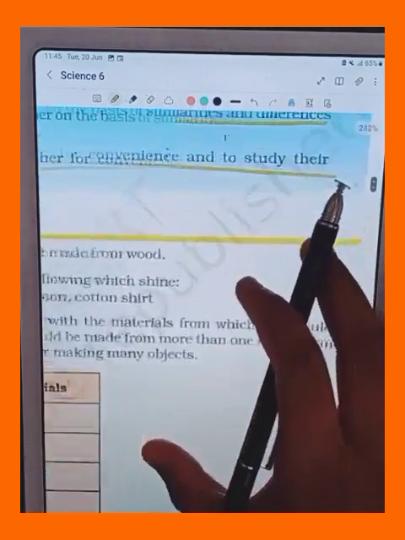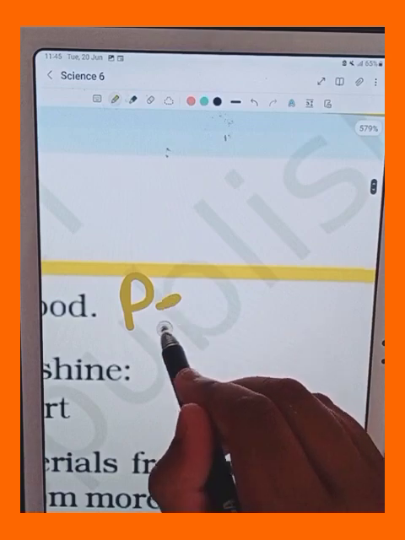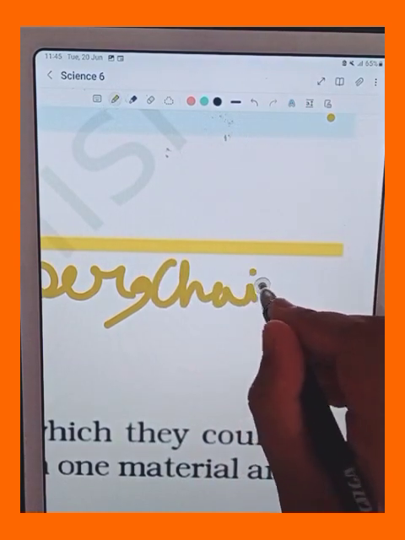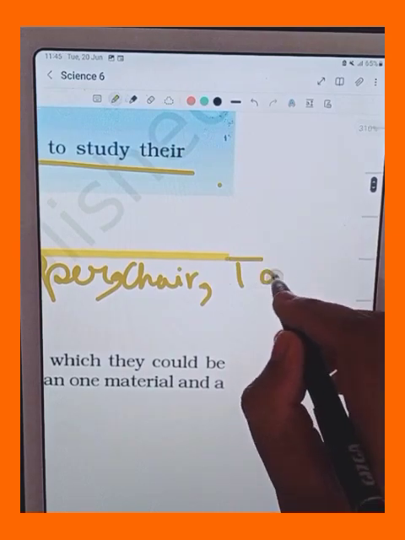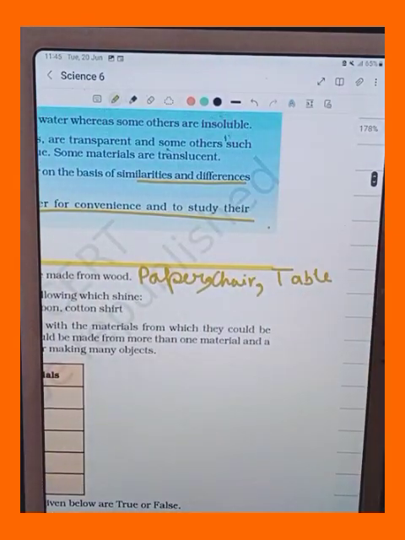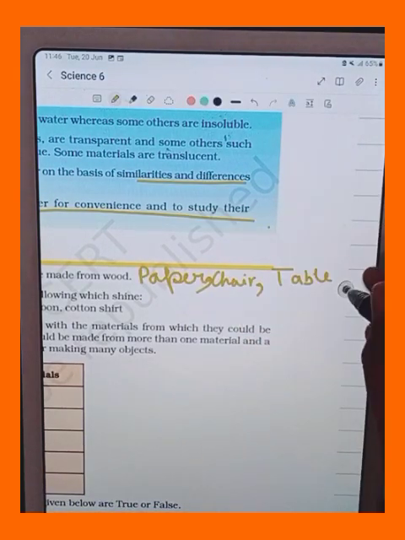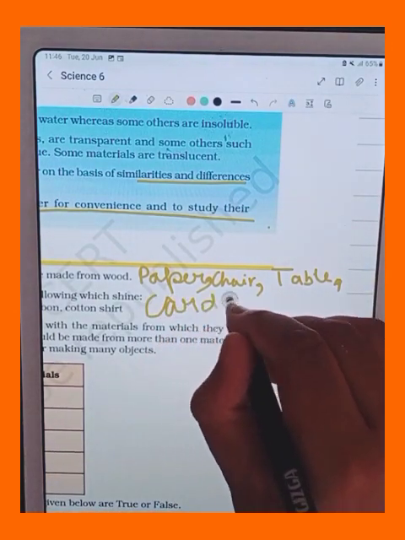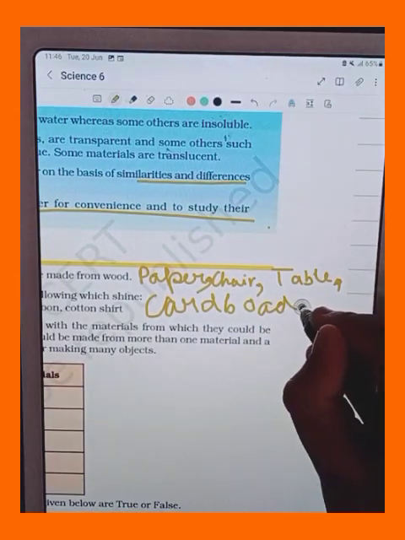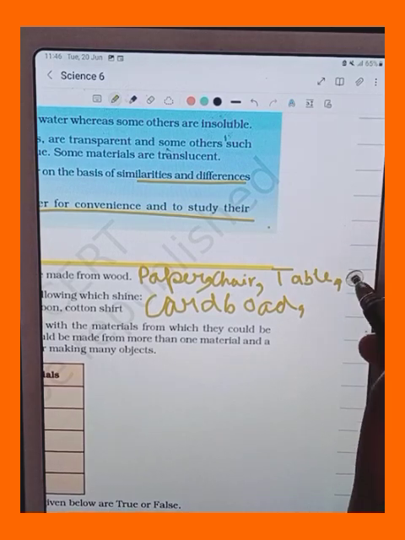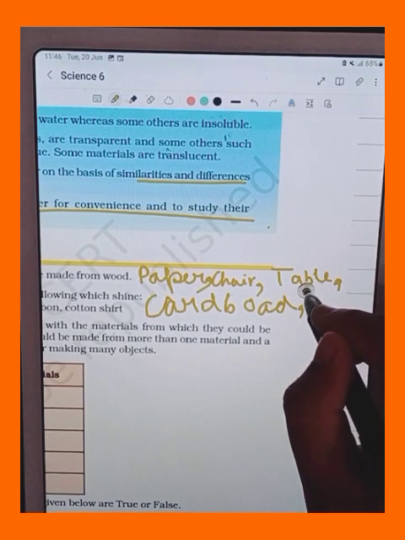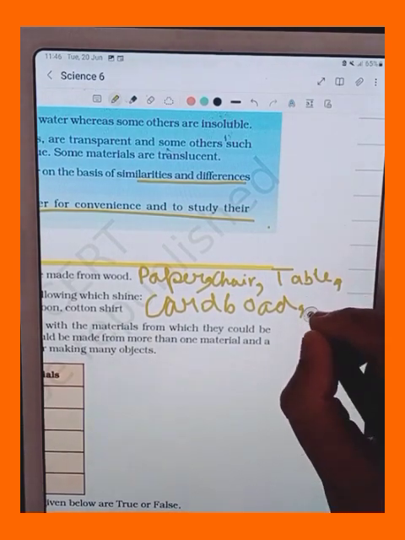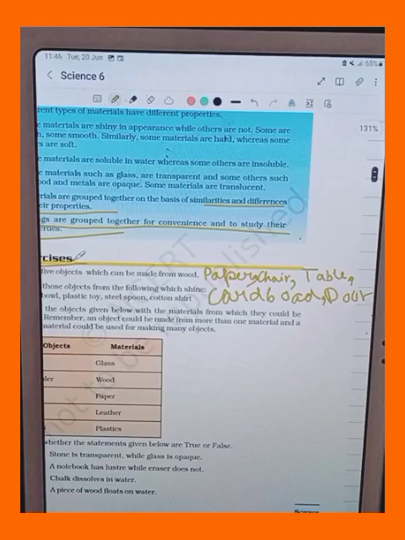Let's say paper, chair, table, cardboard, doors. Write them in your copy because I will erase. You can take a screenshot of this.